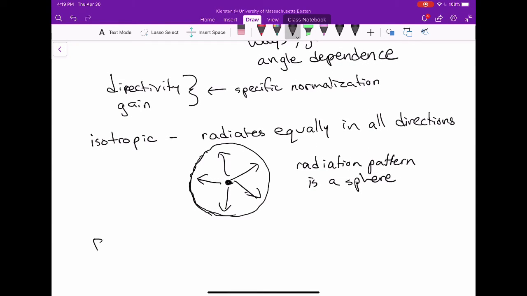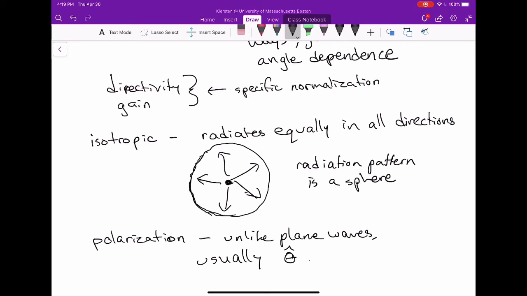Antennas have polarization, but unlike plane waves, usually the polarization vectors are related to theta or phi, because the propagation direction is along the radial direction.